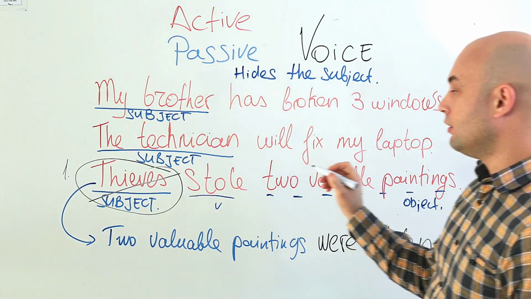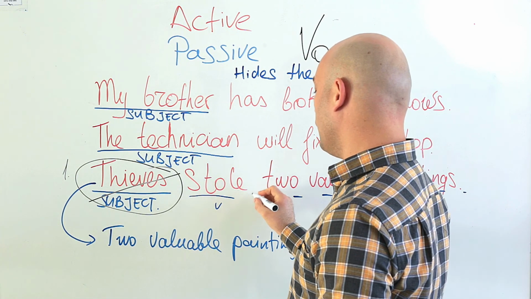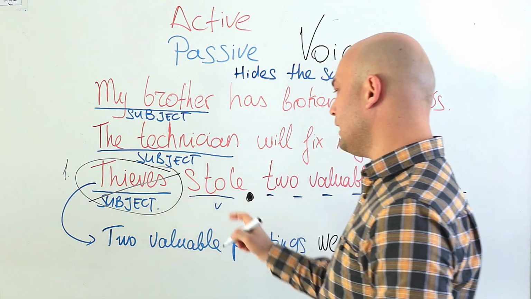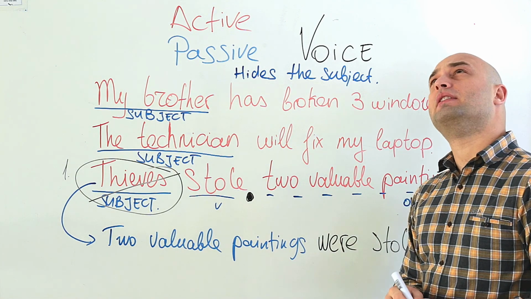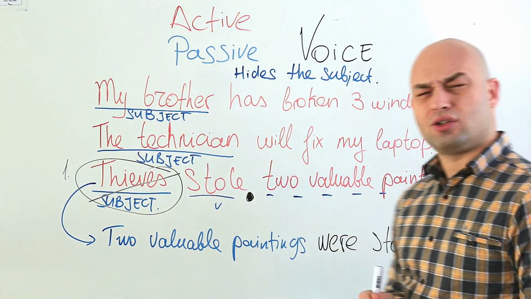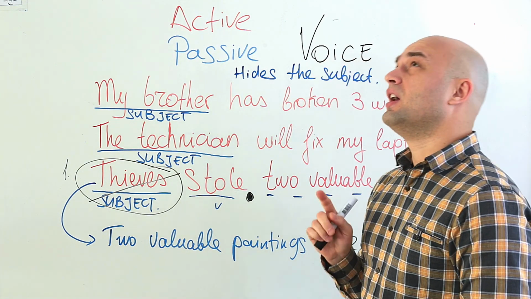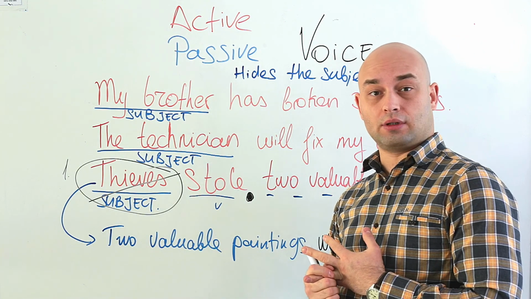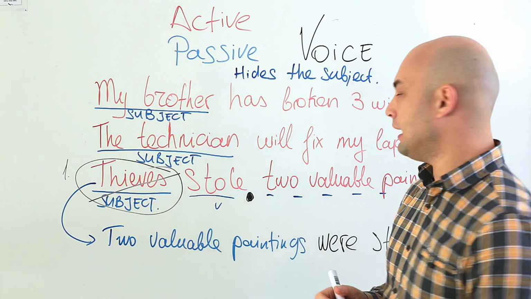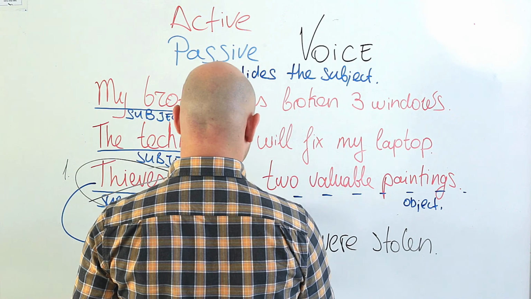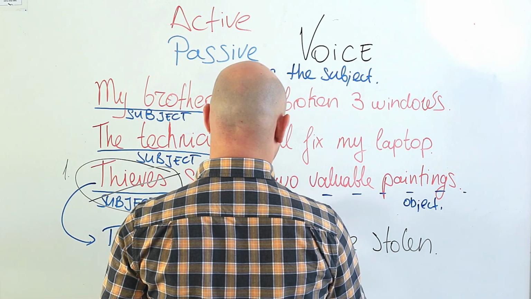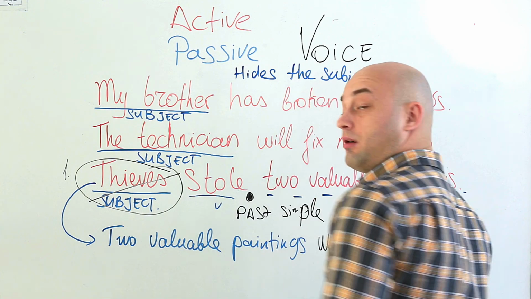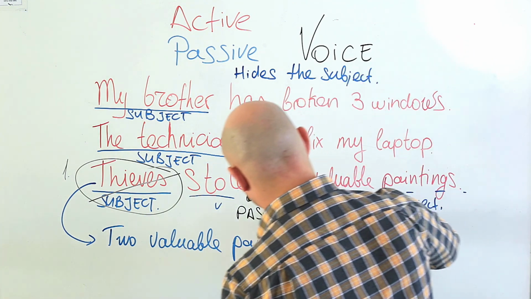What's the next? We need to remember what verb tense the verb is in, right? And this is, let me think, "stole." Do you remember those irregular verbs? Steal, stole, stolen. Am I right? Did I make a mistake there? Yeah, it's past simple. Horrible handwriting. Give me a second.